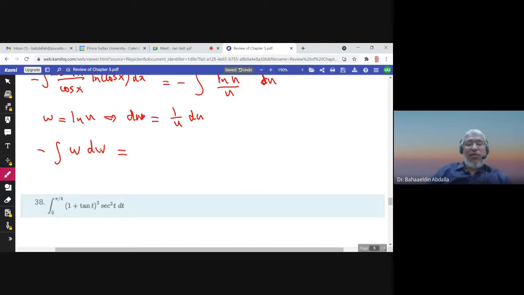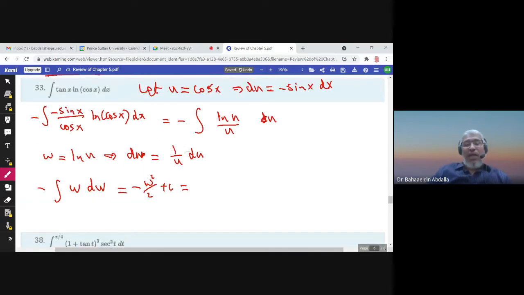So the answer would be negative w squared over 2 plus c. And then w is ln u, so it would be negative half, and w squared is ln u squared plus c.